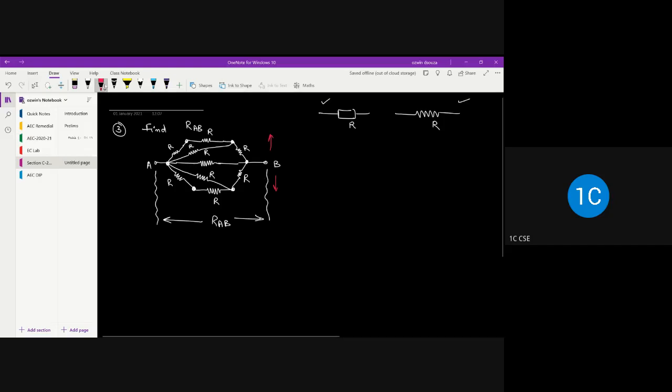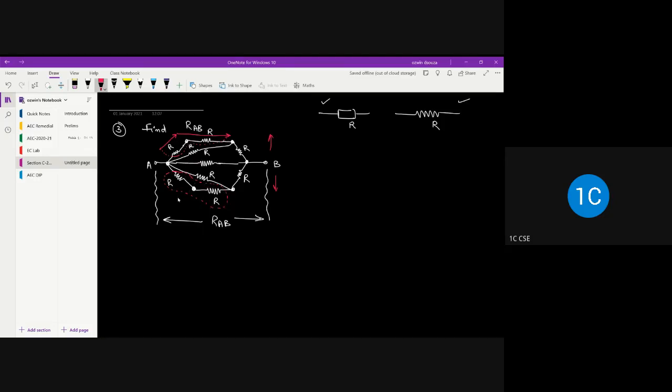Now how do we begin? If you look at the top half of the circuit, you can see that the first resistor R, let me start from here, is connected in series with this R. So this R and this R come in series. I can do the same thing at the bottom section also.